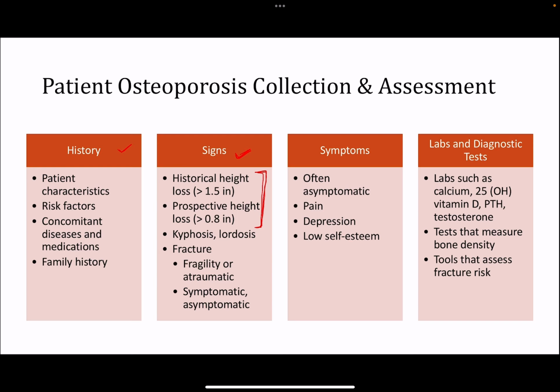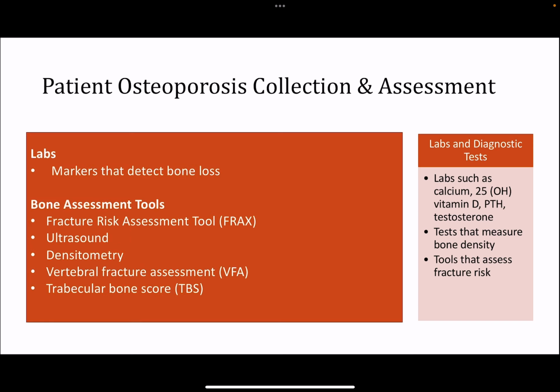And finally, we do have labs and tests that can help. There are some markers that we can look at, and that would be calcium and vitamin D. These are just a few, but there are more. And we also have tools that help us assess the risk of fracture. So that would be the FRAX tool.